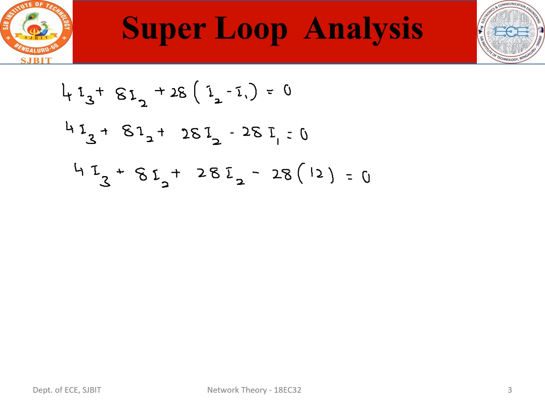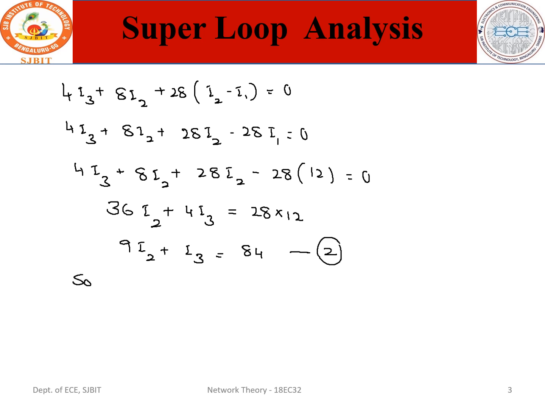This becomes 36I2 plus 4I3 is equal to 28 into 12. This becomes 9I2 plus I3 is equal to 84. Call this equation 2.